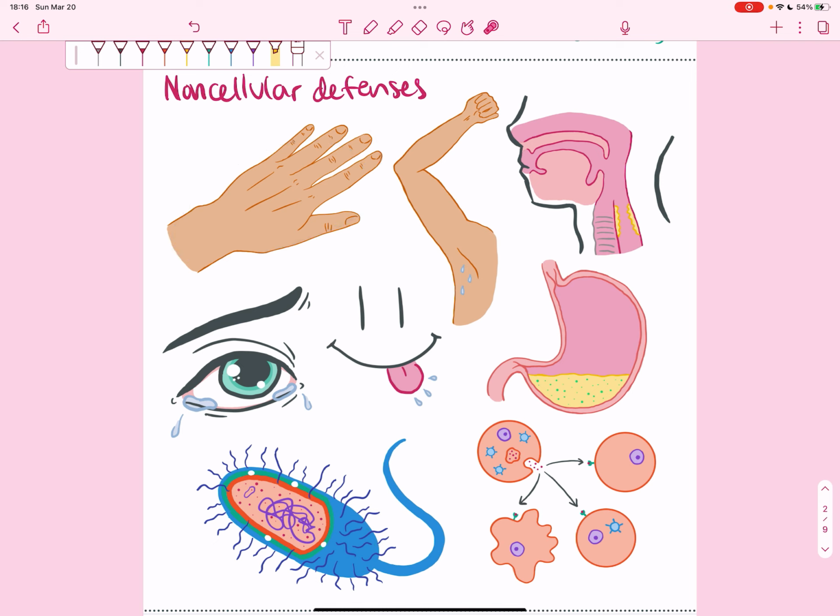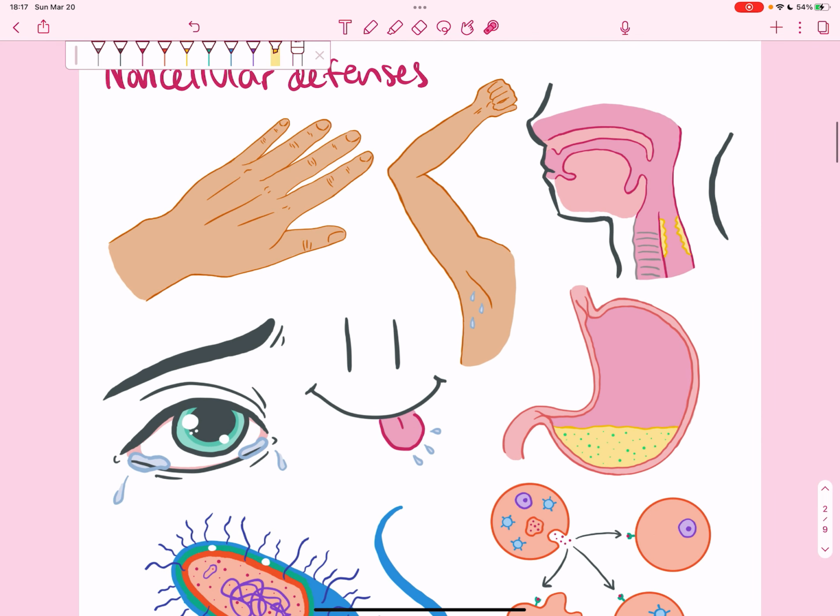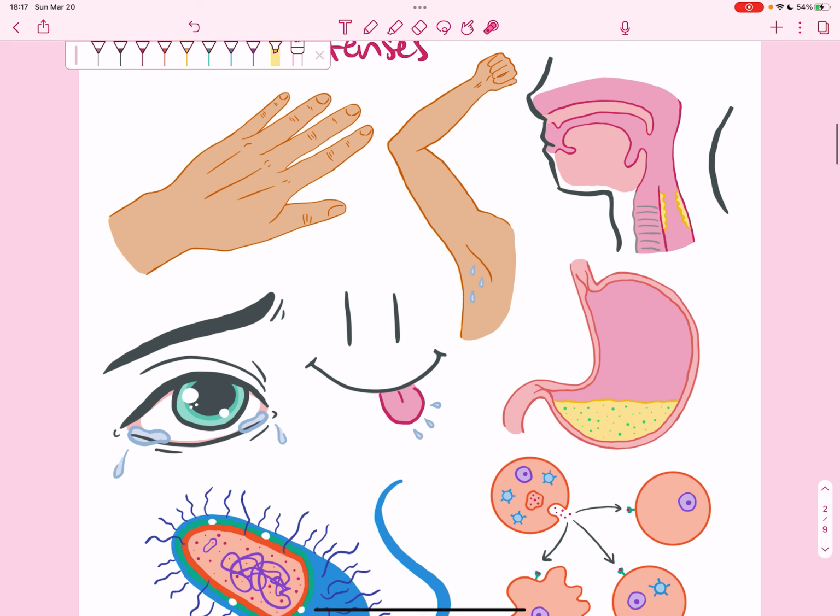I suppose it's just the most recognizable body part. Skin acts as a physical barrier, and it also secretes antimicrobial compounds like defensins, and also sweat, which I drew out here, sweat on your armpit, which it really does keep your skin clean.